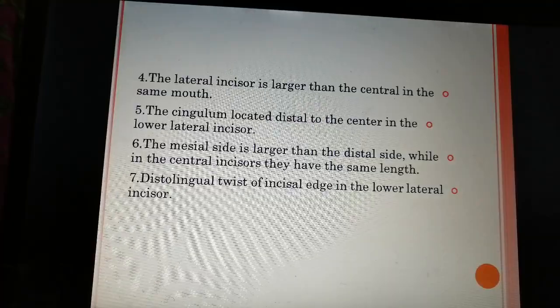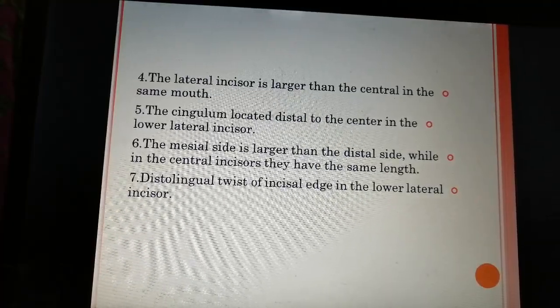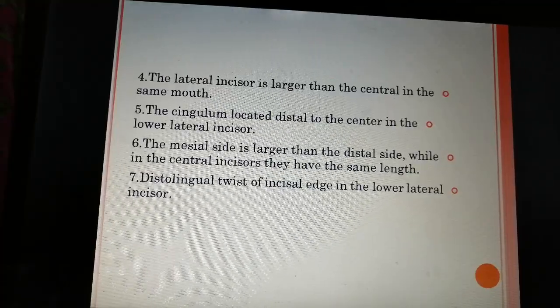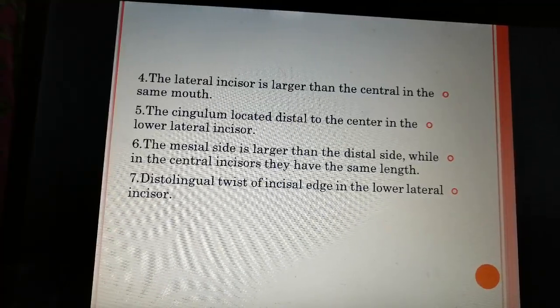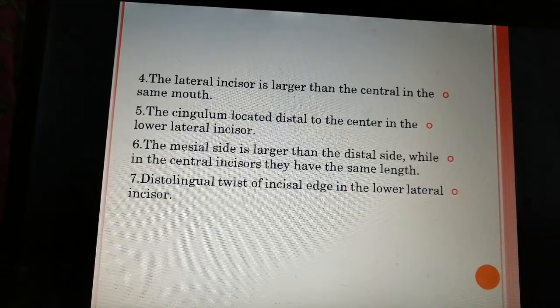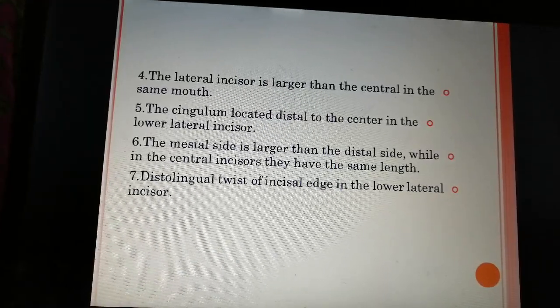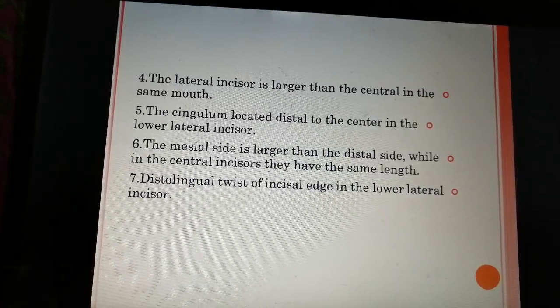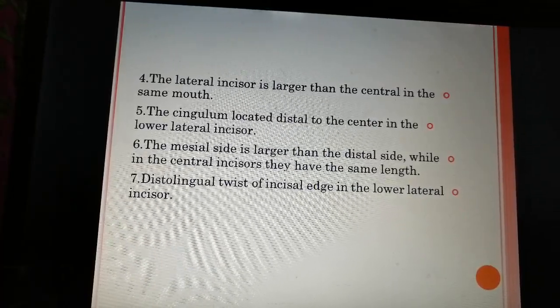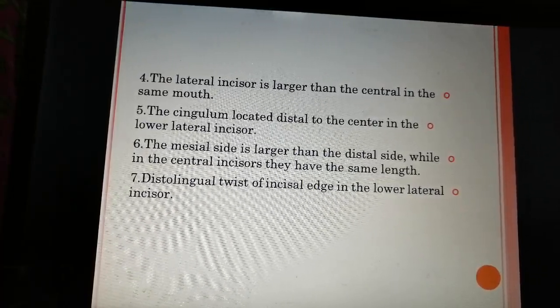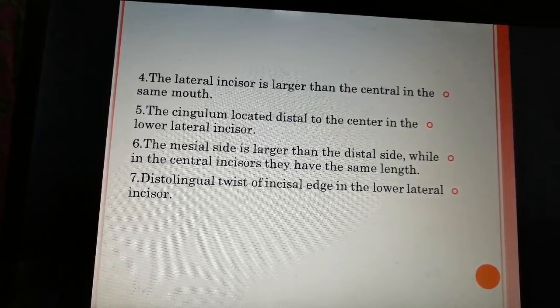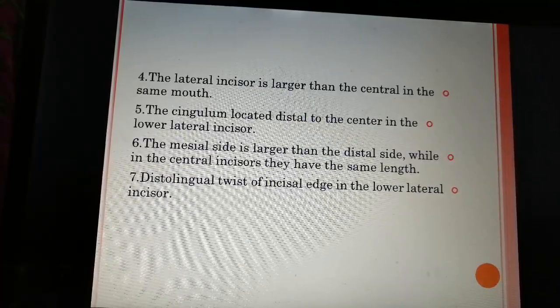Number 4, the lateral incisor is larger than the central in the same mouth. Number 5, the cingulum is located distal to the center in the lower lateral incisor.